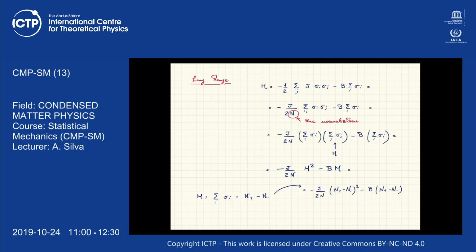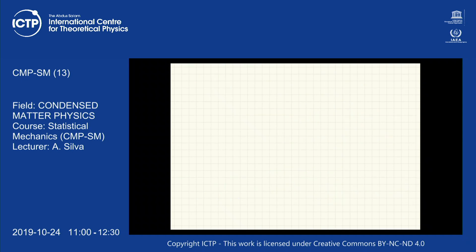Now, this is for the energy. Let us now calculate the entropy. For each given energy, so for each given N plus and N minus, what is the entropy? The entropy is going to be equal to k Boltzmann, the log of N factorial divided by N plus factorial times N minus factorial. Clear? Which is the number of ways to select N plus spins in a sample of N spins.